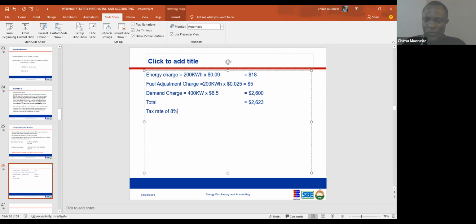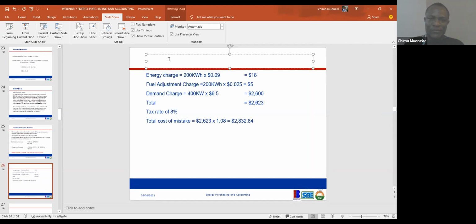So the total cost of the mistake will now be equal to 2,623 times 1.08, which is equal to 2,832.84.